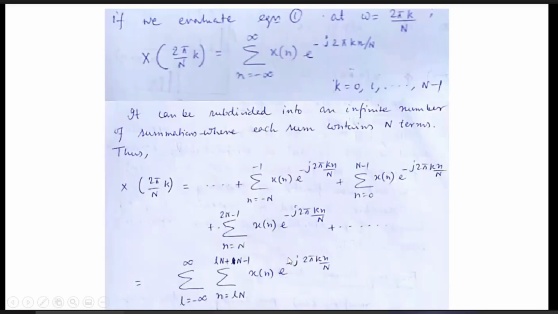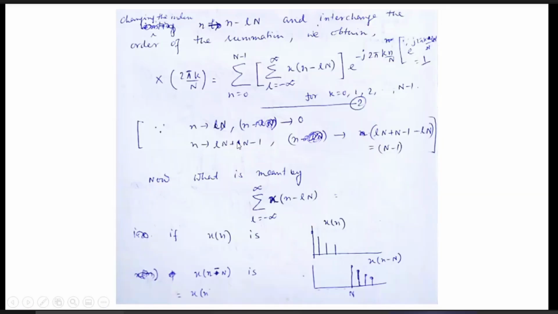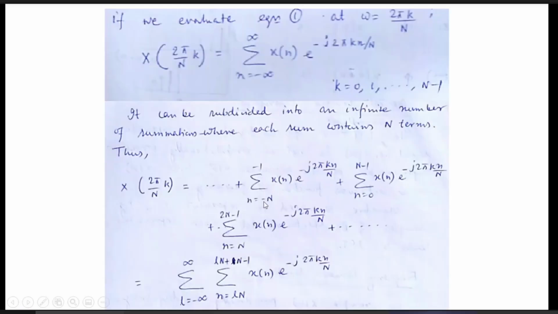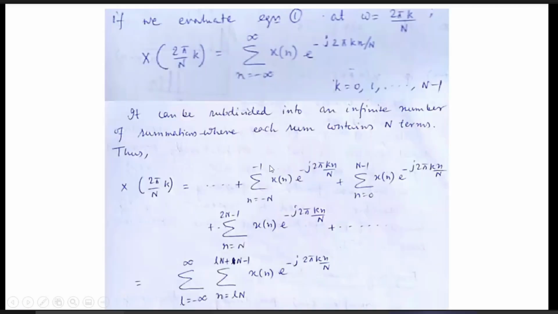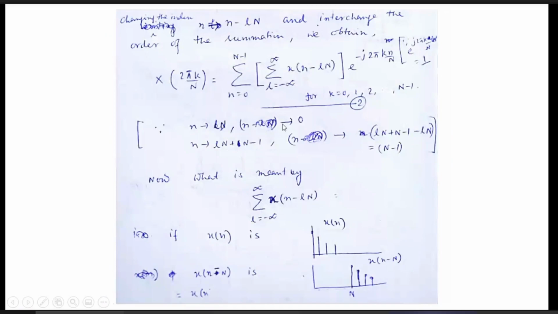And here, when n tends to ln, then the outer n tends to n l minus 1.